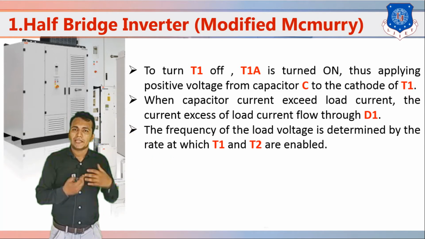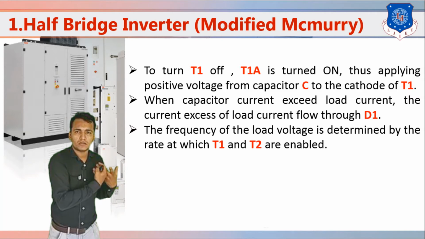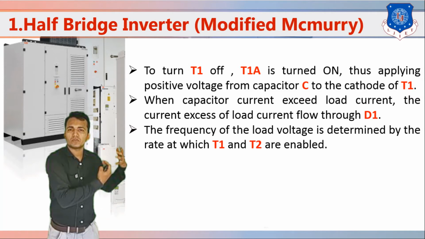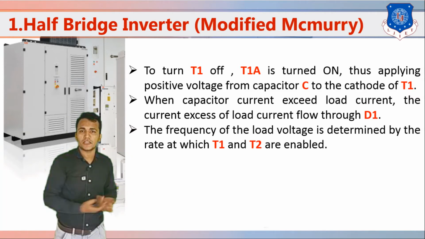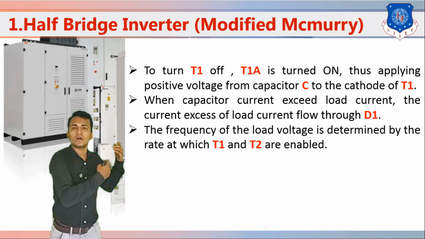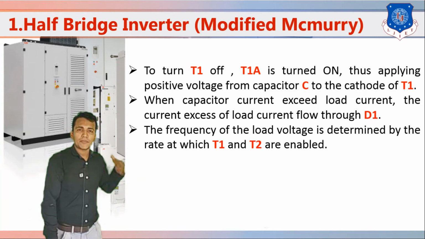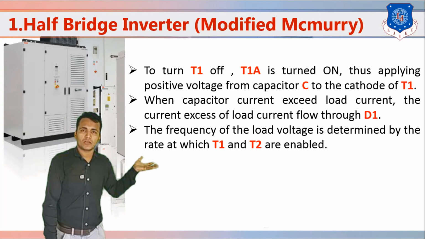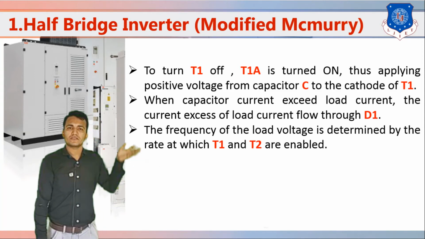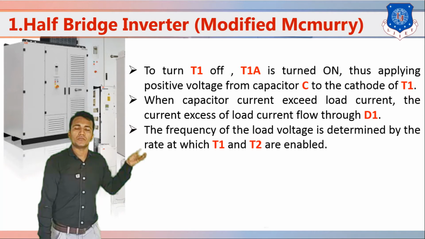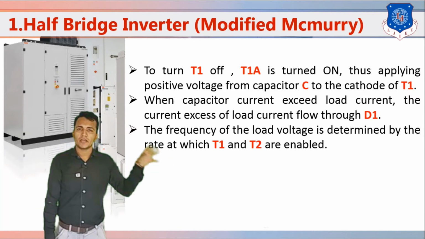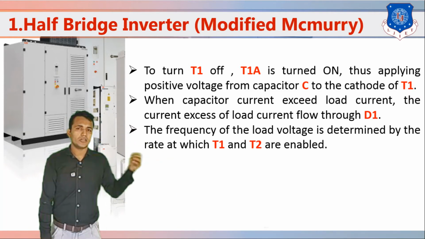Actually, it is a half wave inverter, but we have to use an auxiliary thyristor, so it works like a full wave inverter. When the capacitor current exceeds the load current, the excess current flows through the diode D1.